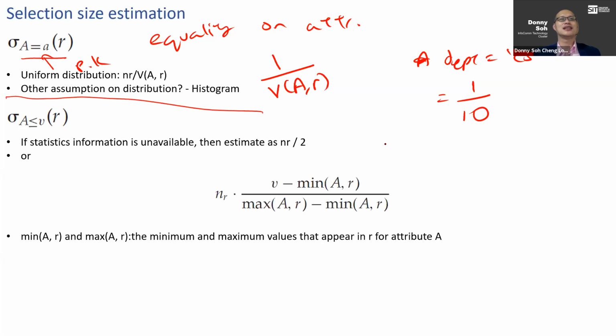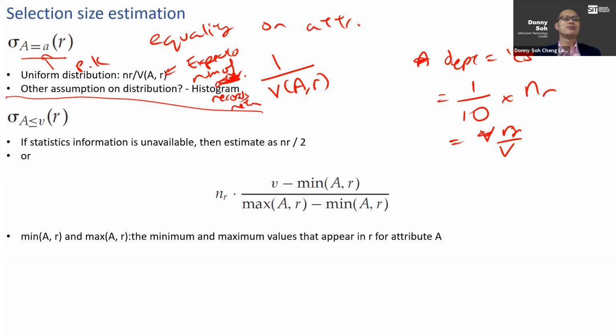The expected number of records to be extracted will be this one multiplied by n, which is n divided by V. So yes, this is the expected number of records returned.